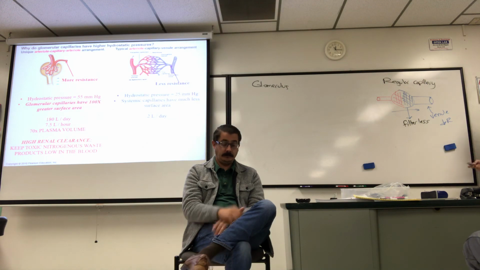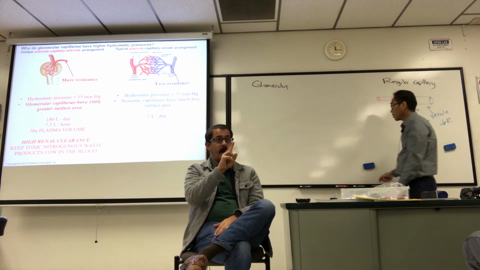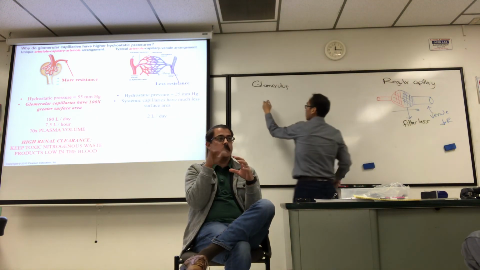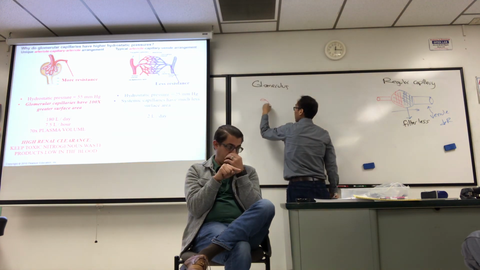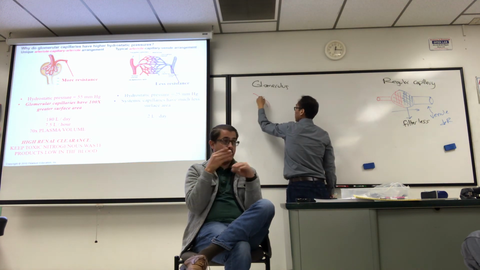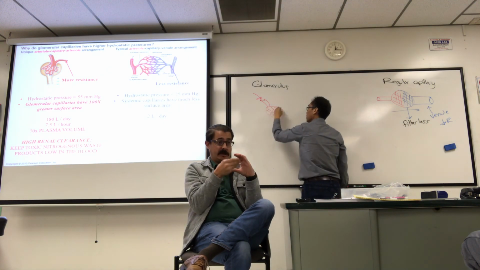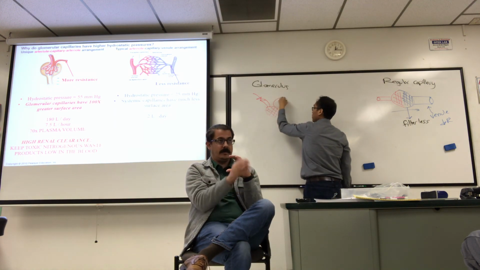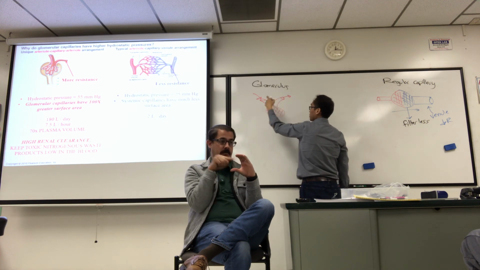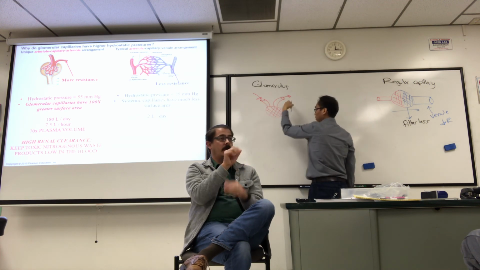However, in a glomerular setup, it goes after an arteriole, blood going in, and you have the glomerulus, no gas exchange, and then an efferent arteriole going out. So it goes arteriole, capillary, arteriole.